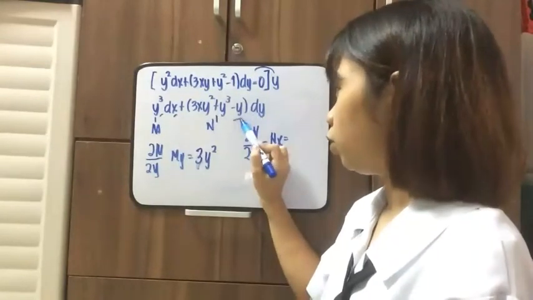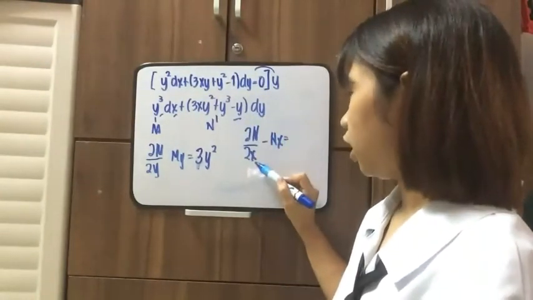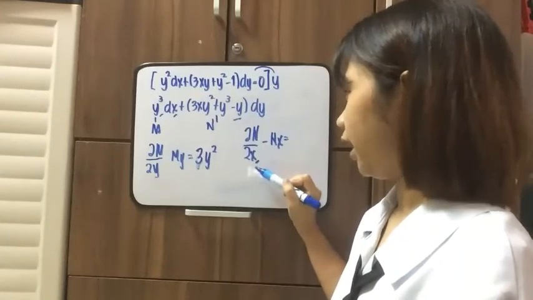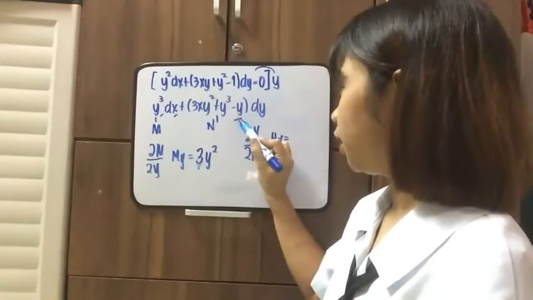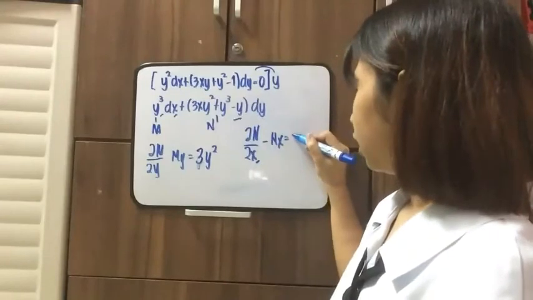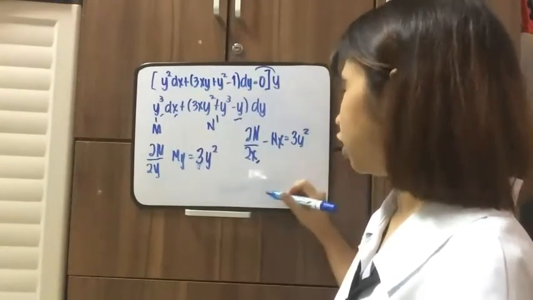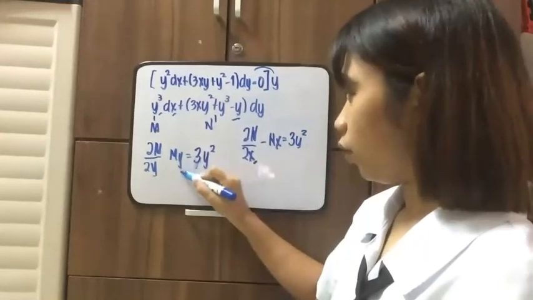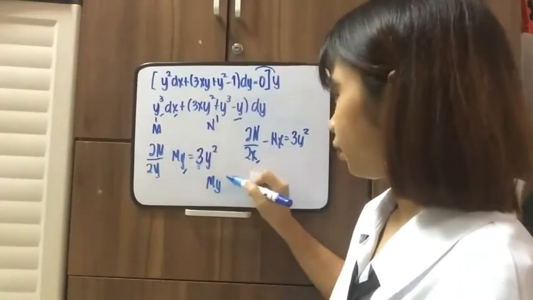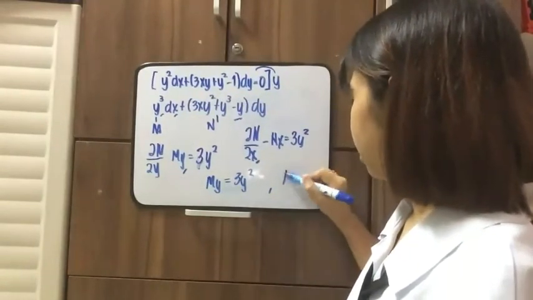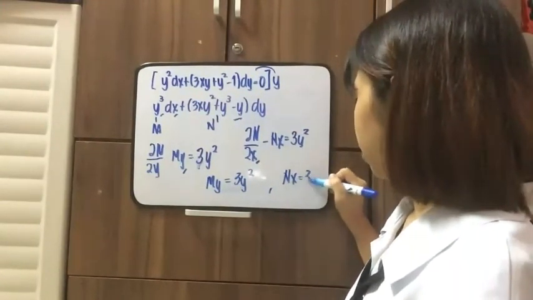Since we are getting with respect to x, if we derive this, we will come up with 3y squared as an answer. So for our M, we have 3y squared, and for our N, we have 3y squared.